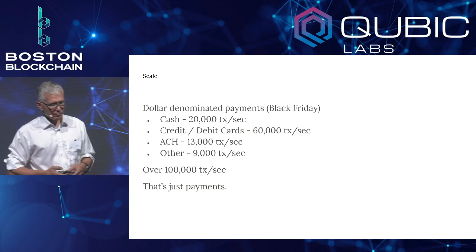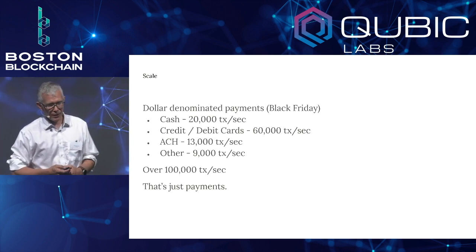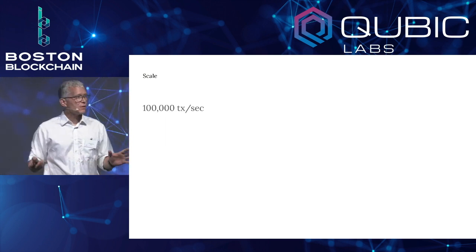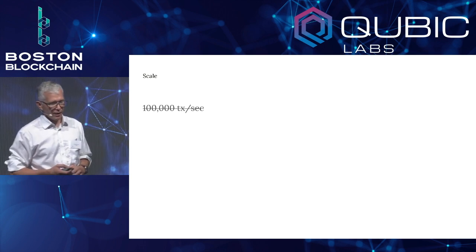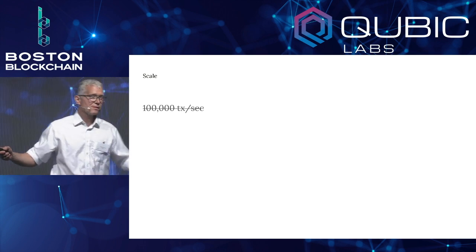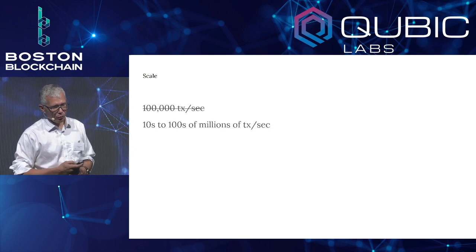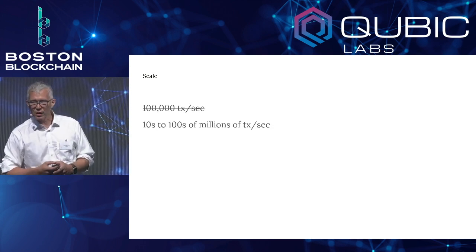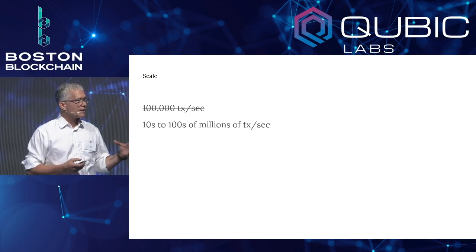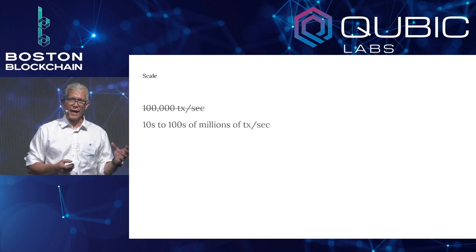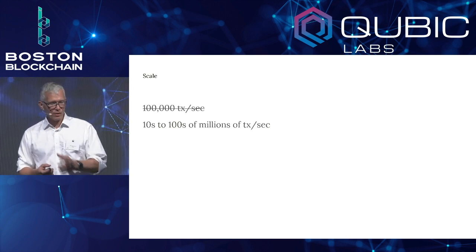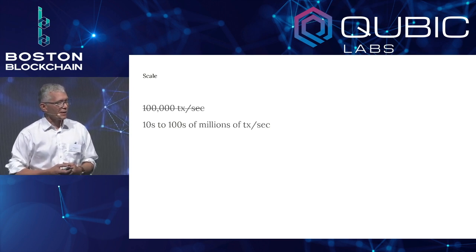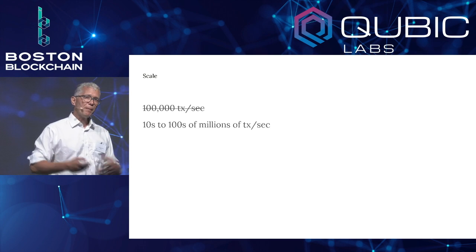And that's just payments. Okay. So 100,000 transactions a second. Let's talk about that for a second. That's ridiculous. Why is that? Well, it needs to be orders of magnitude more when you have a bot that has some money in an account and it needs to move it. You can see that happening a lot faster. What about micropayments, right?